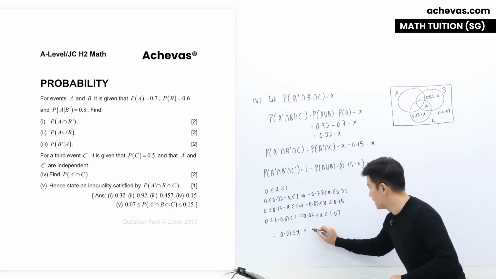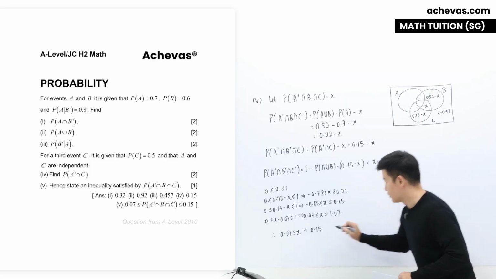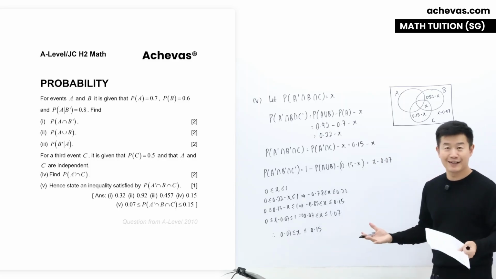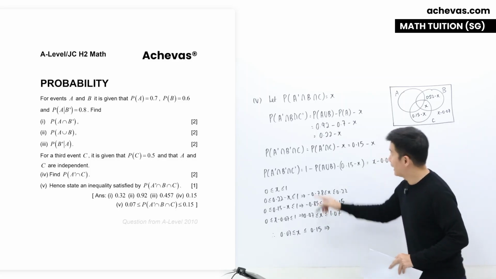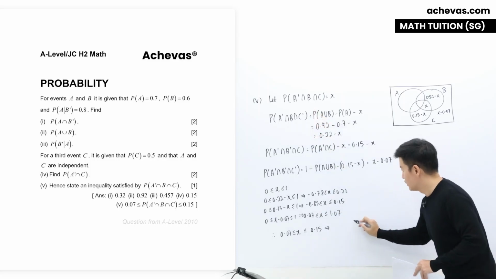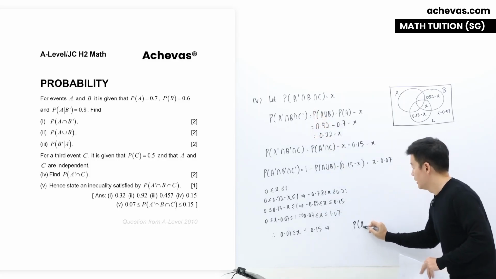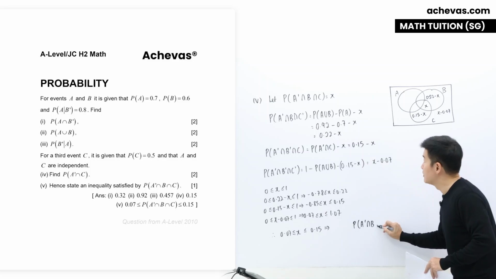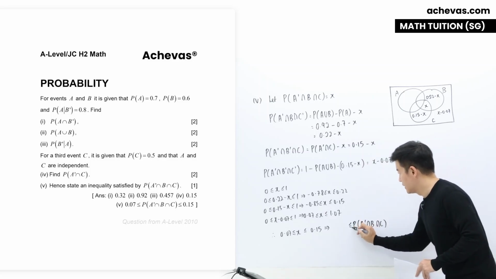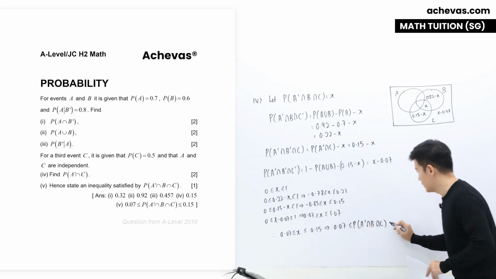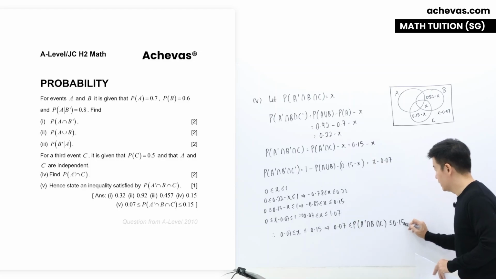So X must be less than or equal to 0.15. And now we can answer the question, replacing X back with this. The probability of A prime intersect B intersect C is going to be between 0.07 and 0.15.